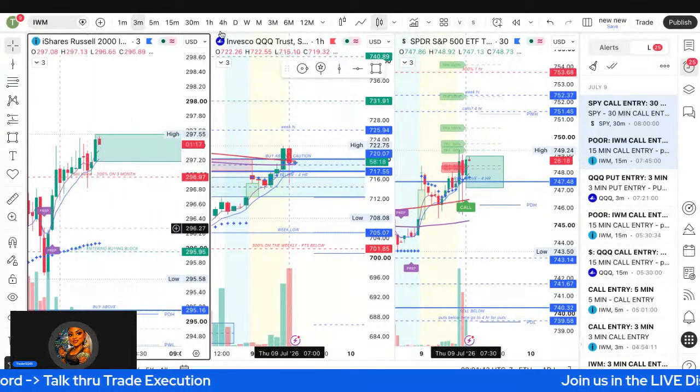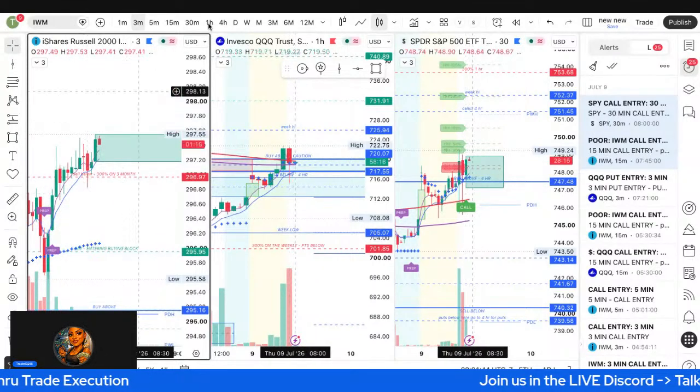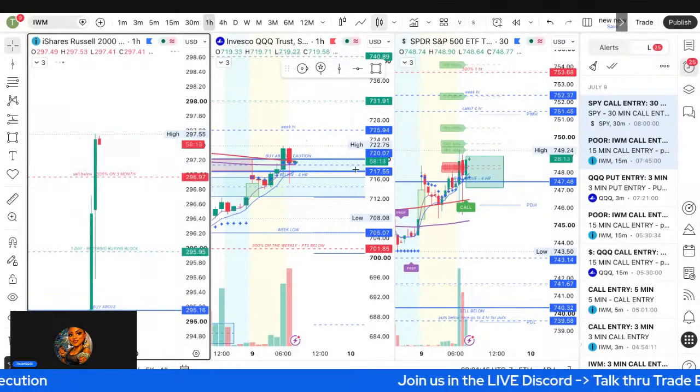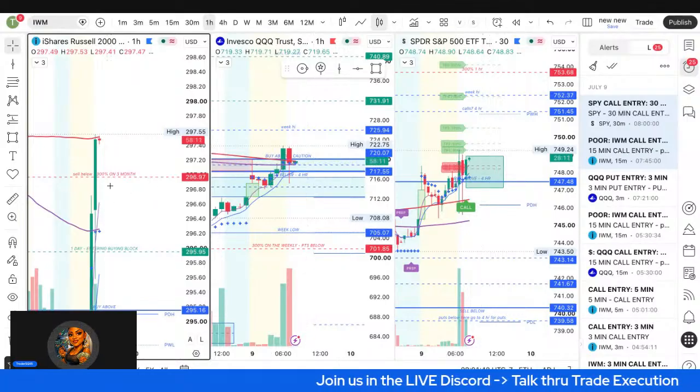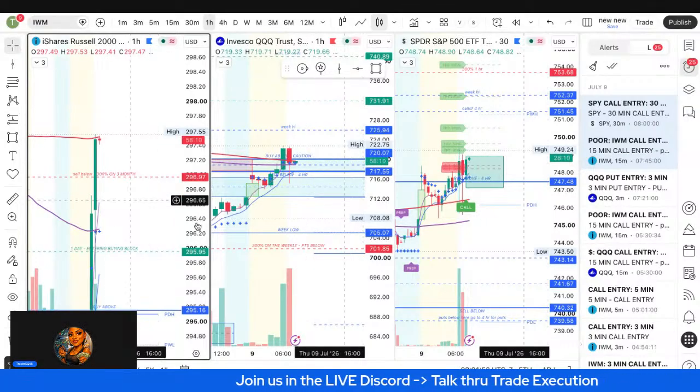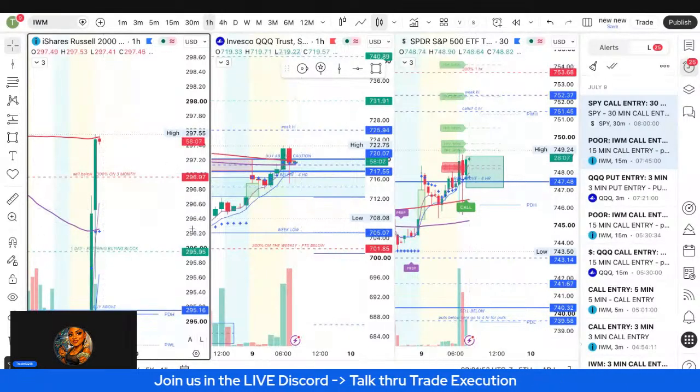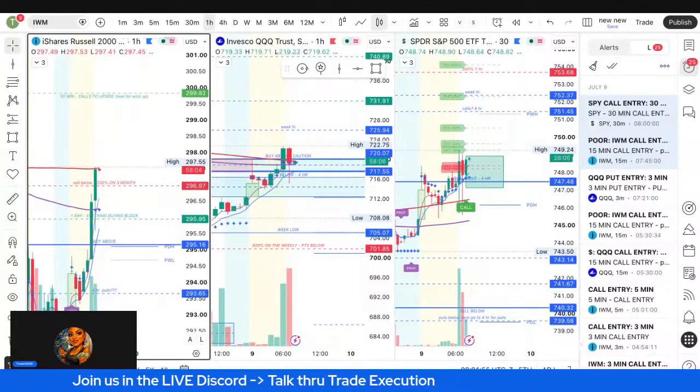The thing with this is there's always some type of pullback for VWAP at the top of the hour. This one opened right at it. VWAP is quite a ways down here on IWM. Oh, just a little bit nervous, right?